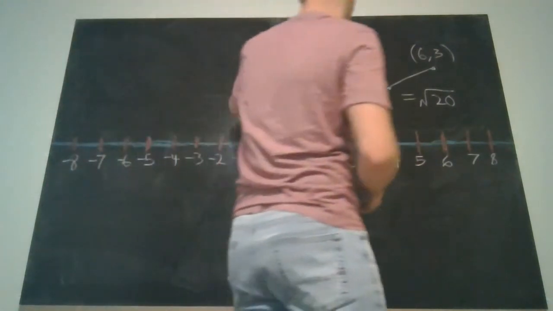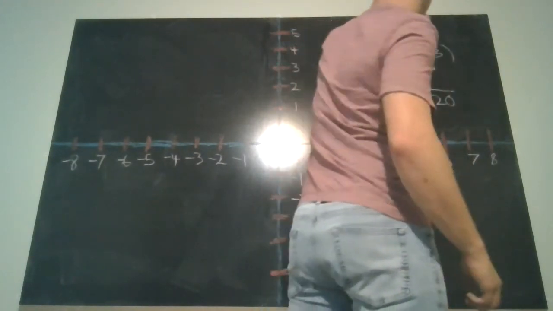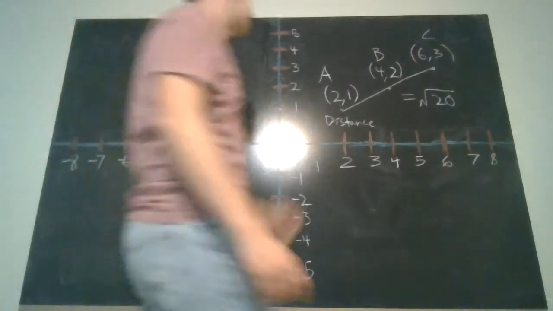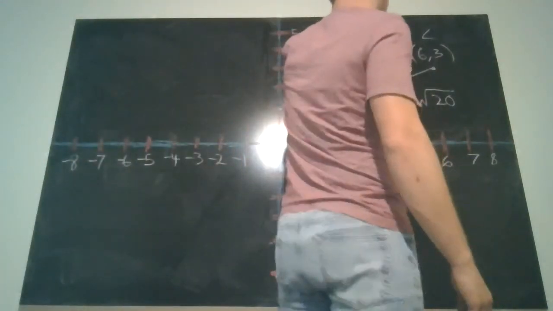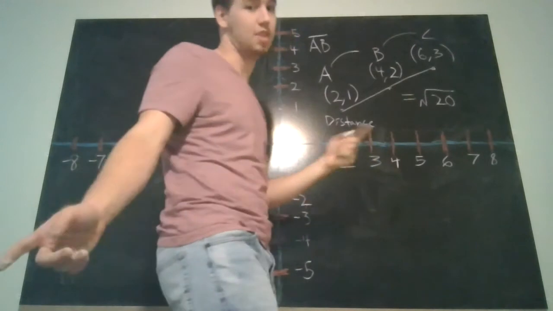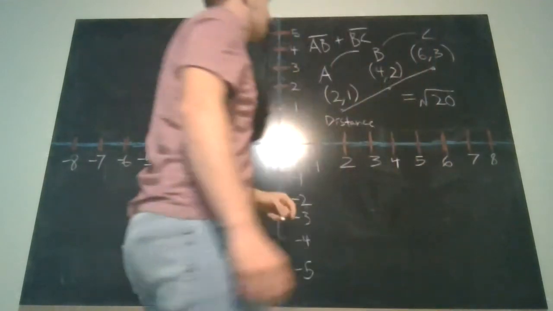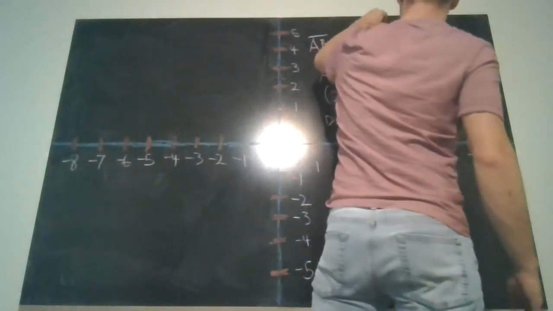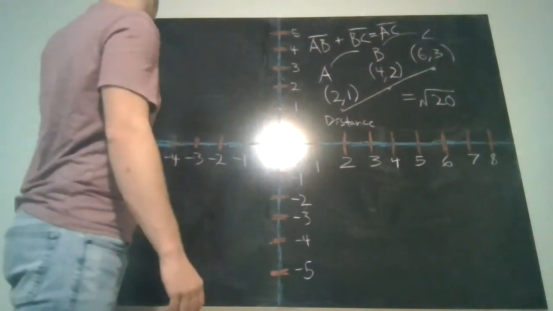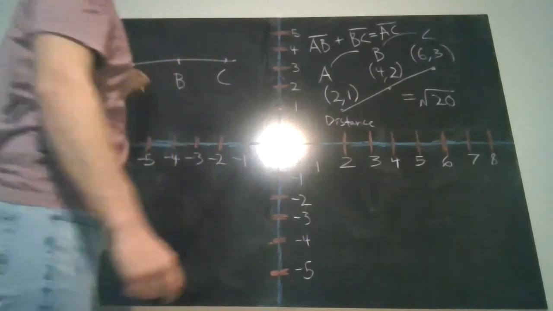So let's go ahead and call this point A. This point, which is 4, 2, we'll call it B. And the point that's 6, 3, we'll call it C. Since they're on the same line, the distance between A and B, which we're going to call AB with a little bar over it, or the segment AB, plus the distance between B and C, which we're going to denote the same way, equals the distance between A and C, because we're on a line that goes A, B, C, and they'll fall on that line with B between them.